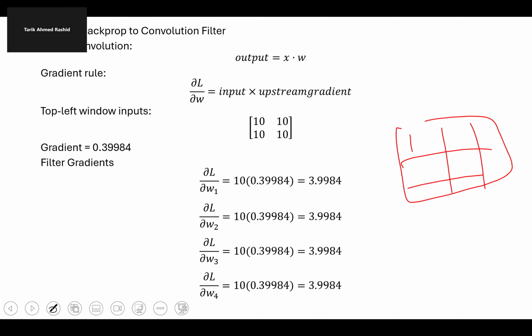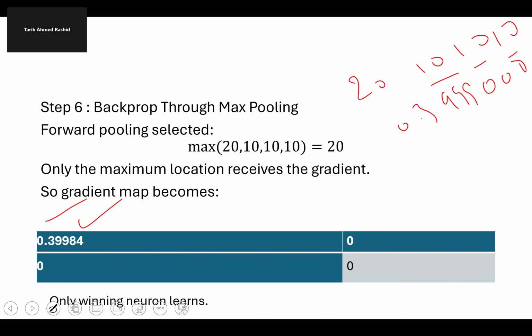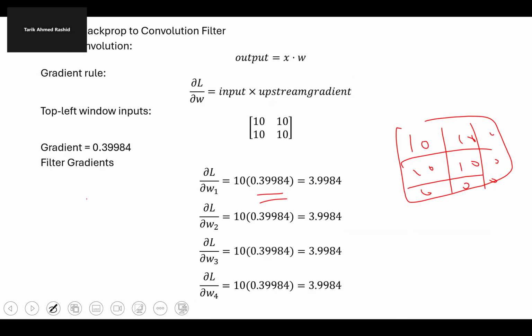So input we have 10, 10, 0, 10, 10, 0, 0, 0, 0. Now multiply by the upstream gradient, which was this one. We will get the change for W1, change for W2, change for W3, change for W4.